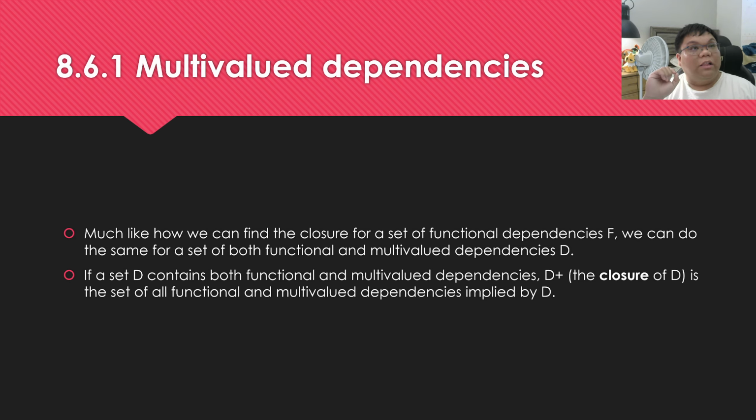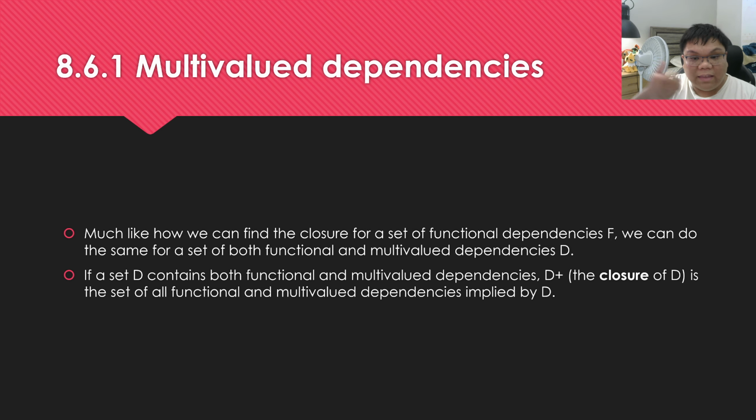Remember when we talked about the closure of a set of functional dependencies a while back? Much like how we can find the closure for a set of functional dependencies F, denoted as F plus, we can do the same for a set of functional and multi-valued dependencies.